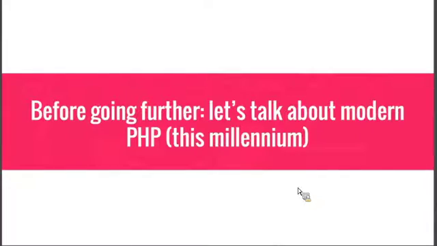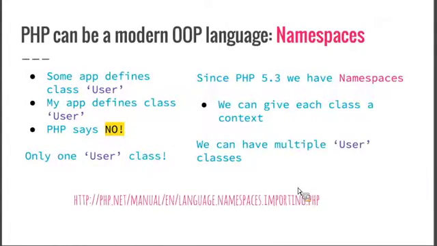But PHP has evolved, and has evolved a lot. Recently, at the end of last year, we had the PHP 7 release, and in our minds we're still living in PHP 5 point something. So let's talk about this. Java people, you will be amazed how far back we were before. Well, PHP can really be a modern object-oriented programming language.